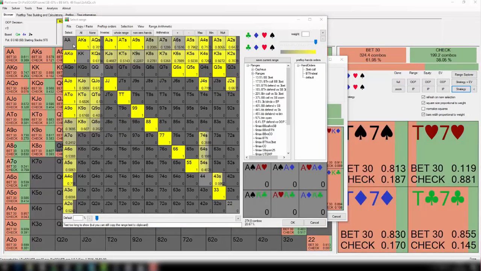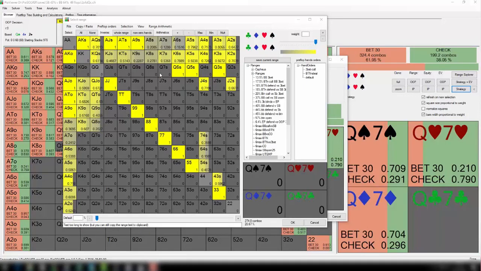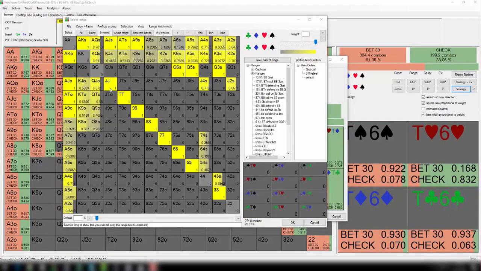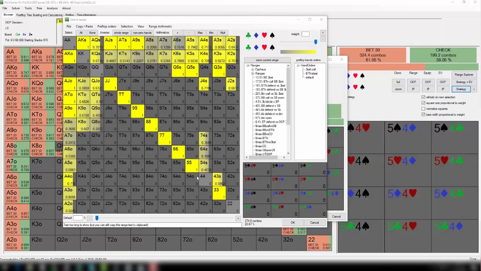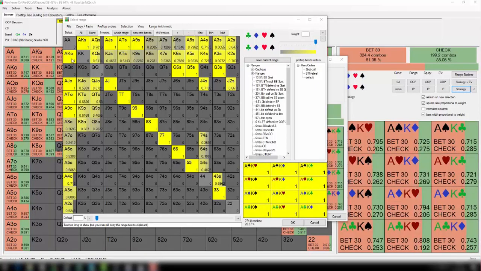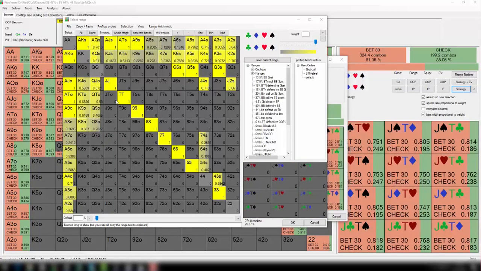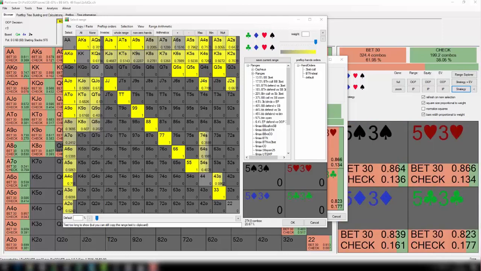So here I've got out of position, checking the overpairs, checking all the decent queens, just betting some of the weaker ones, betting all the pocket pairs, checking his sets, checking his two pair, and then betting the good aces. Obviously this is an extreme case of a merged range, but the only way to test something really is in the extremes. I've also removed all the bluffs.